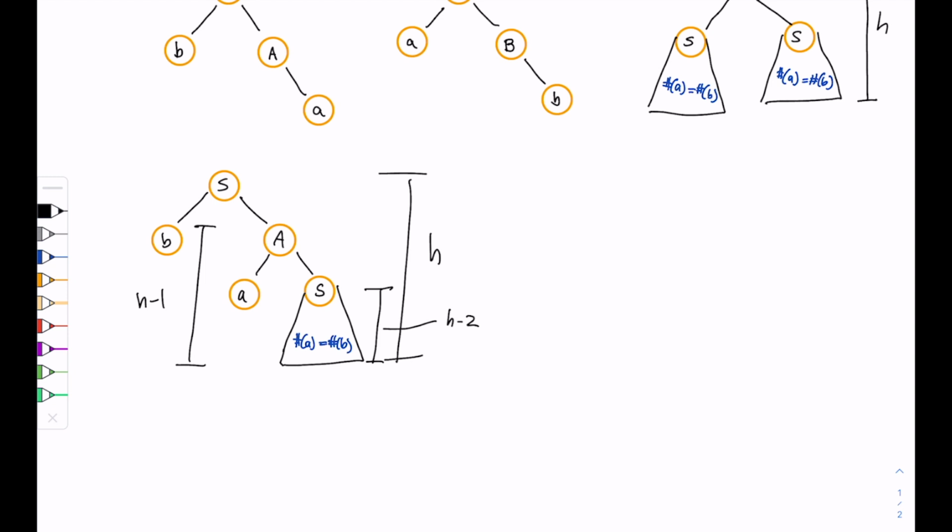But the point is really just to say that this subtree has height strictly less than h. That's what matters more than anything here. And so since we see that, we can apply an inductive hypothesis and we can get our result.